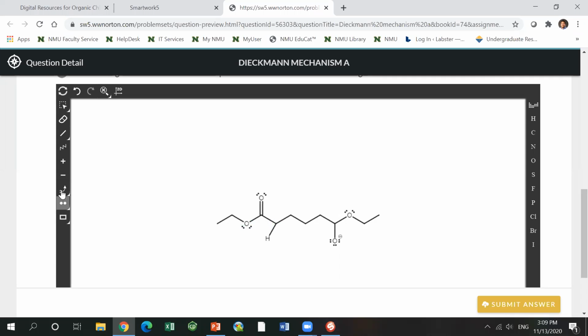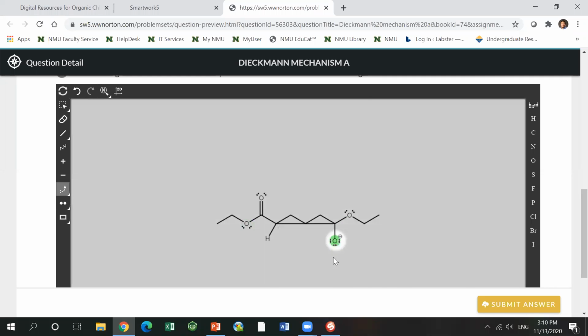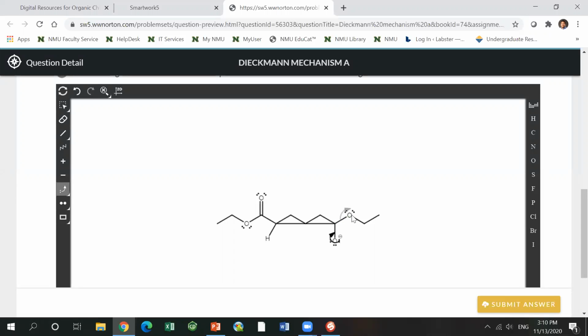Then you just build a bond between these two, so that's a 5-membered ring. Afterwards, when the lone pair electrons on this oxygen go back, this kicks off the leaving group, that's OR. So you get a 5-membered ring.